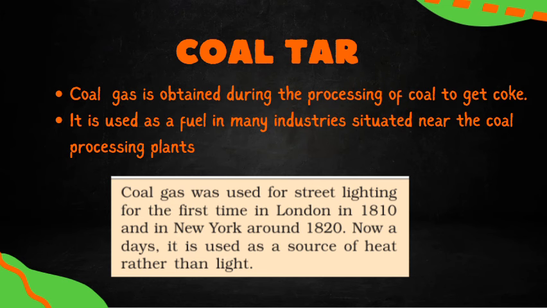Coal gas was first used for street lighting in London in 1810, and in New York around 1820. Nowadays, it is used as a source of heat rather than light. First, it was used as light, but nowadays the use has changed, and it is used for heating purposes.